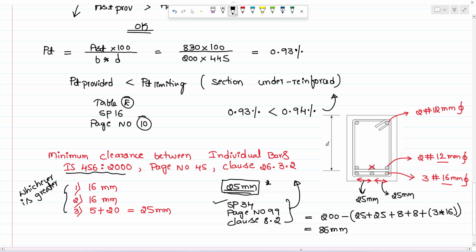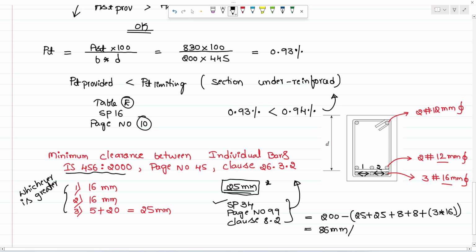So total this distance is 86 mm. Here you have two spacing. Here if you observe, you have two spacing. So this is your first spacing and this is your second spacing.